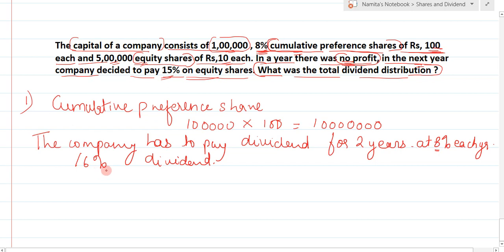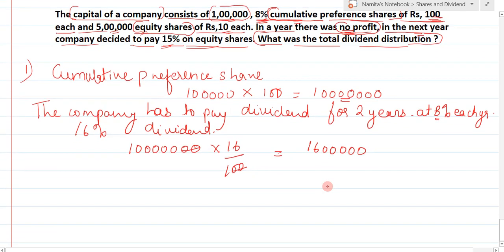So this 16% dividend the company will pay on 1 crore, into 16 divided by 100. That is this 0 gets cancelled. So 16 lakhs is the dividend paid on cumulative preference shares. 16 lakhs.